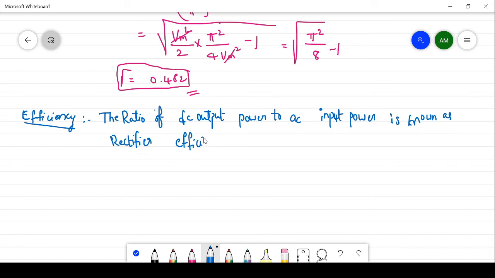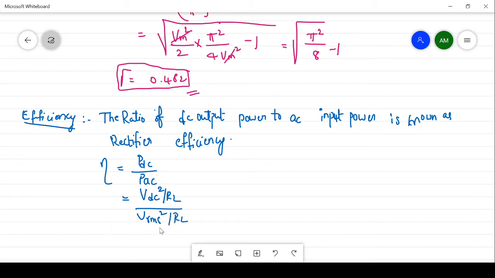Okay, it is denoted like this: DC output power, that is PDC, by PAC. So PDC is nothing but VDC square by RL, and PAC is nothing but VRMS square by RL.